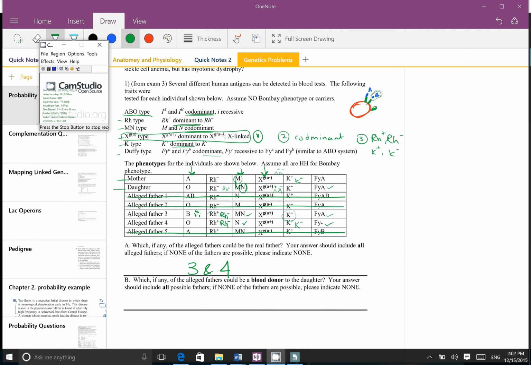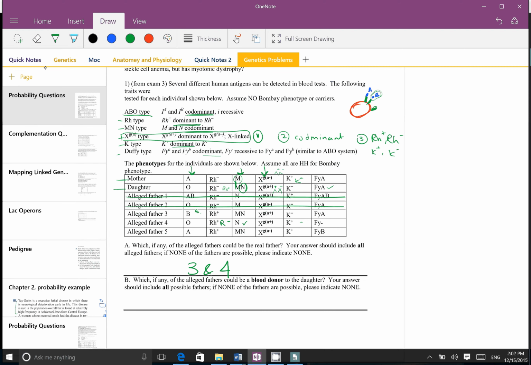Okay, so now we figured out which alleged fathers could be the dad in this case. Now they're asking us which of them can be blood donors. When you look at whether a person is a blood donor or not, the first thing I recommend you look at is not the X-linked traits.